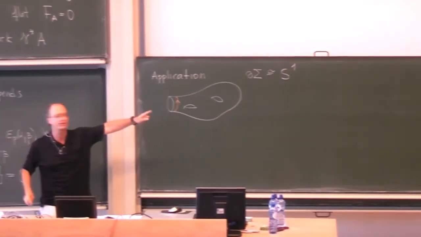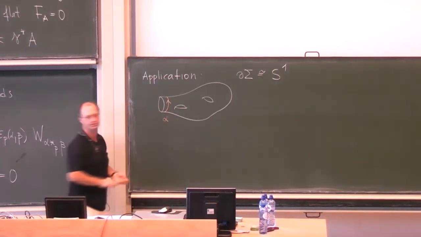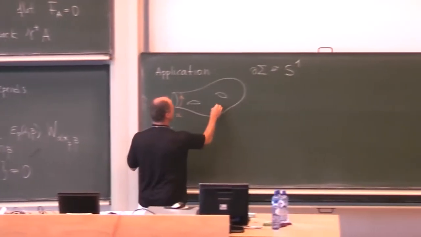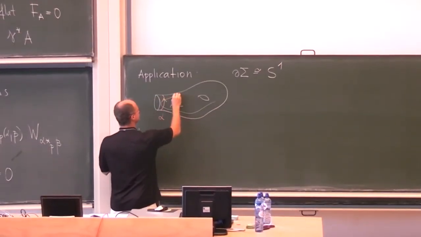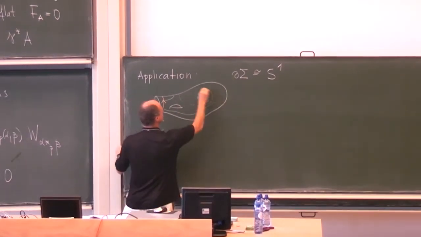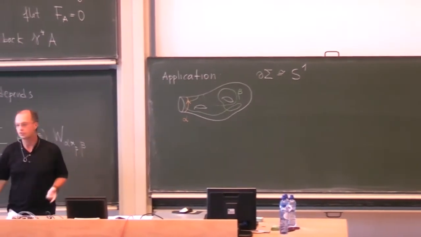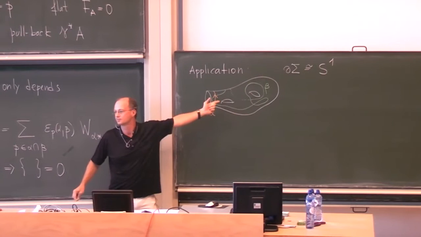Maybe it's some distance from it, or you can also put it on the boundary. Let's say it's our alpha. Now we can choose any other curve. Let's say this is beta. Of course, in general, beta and alpha may intersect.